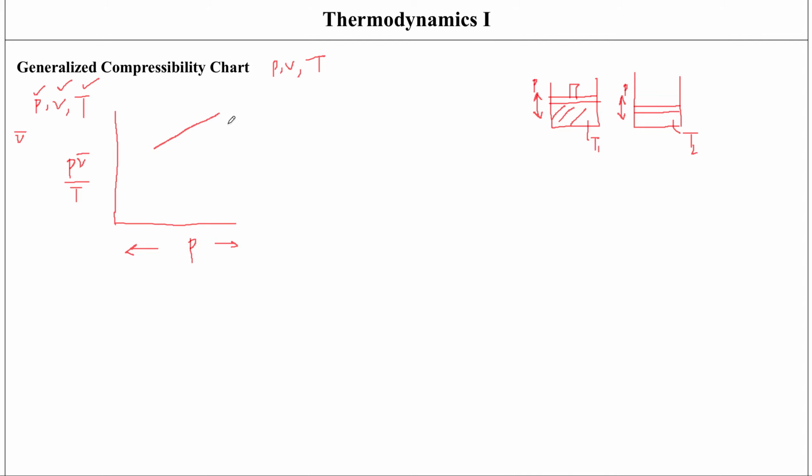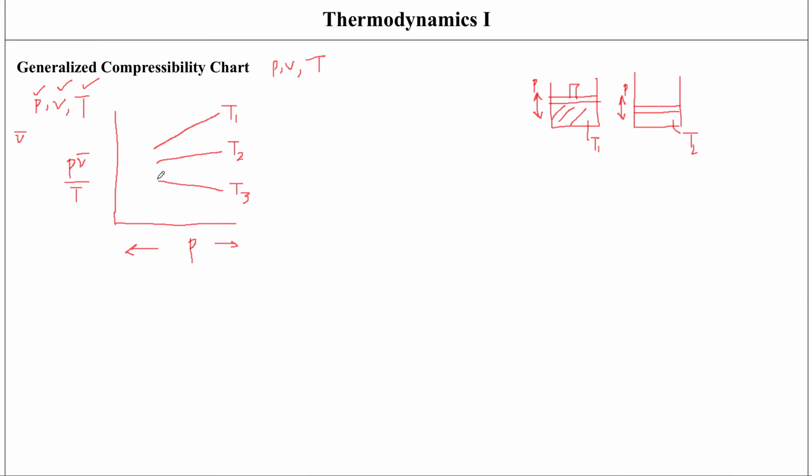This is when our system is at T1, for the same gas. Both systems have the same gas. The second system is going to have another kind of trend because the temperature is different over here. So T2 is different, but it's going to show the same trend. And if I had another system at a different temperature, T3, and so on, there can be so many of these.